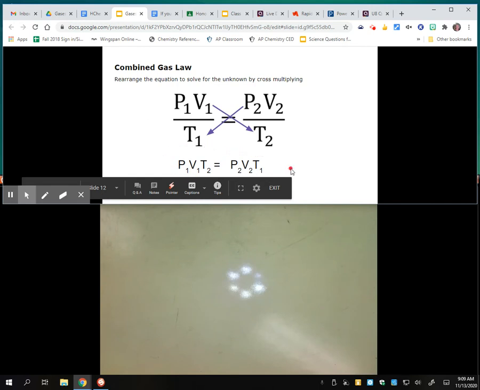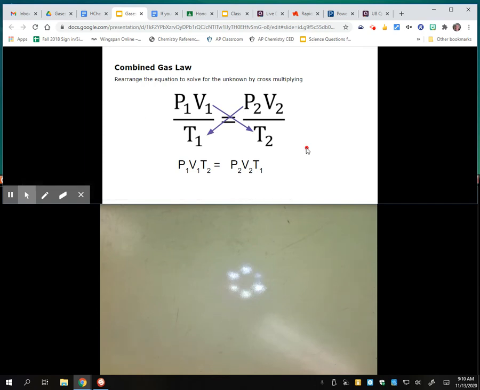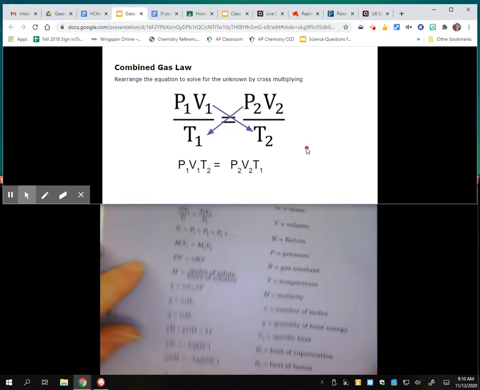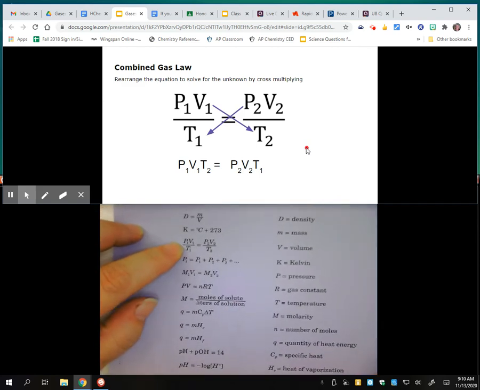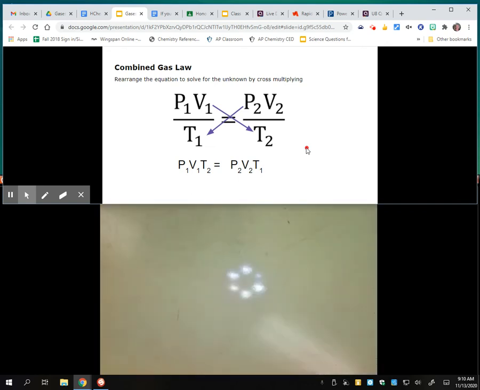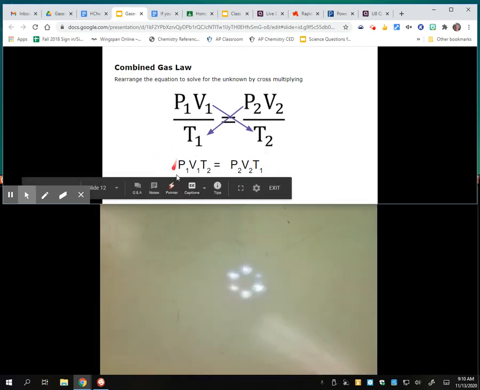Your first step in using the combined gas law, which you will have on your reference tables, is to cross multiply and get it into this form. Now it's much easier to rearrange and solve for the variable you want.